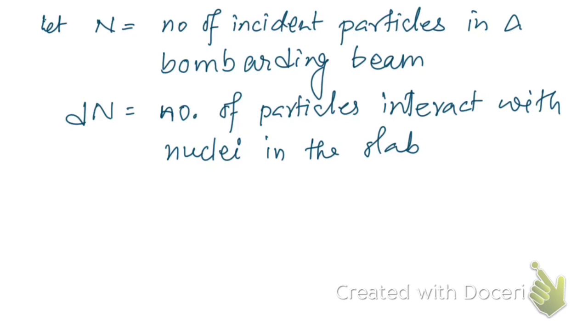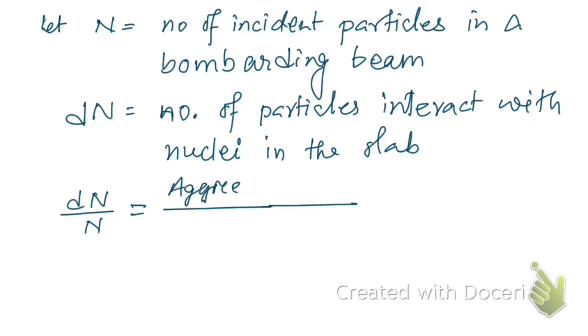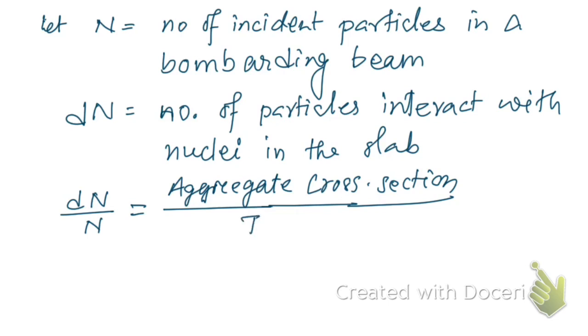Then the number of interacting particles divided by the number of incident particles, that is dn by N, is equal to that aggregate cross section that we have got, divided by the targeted area.